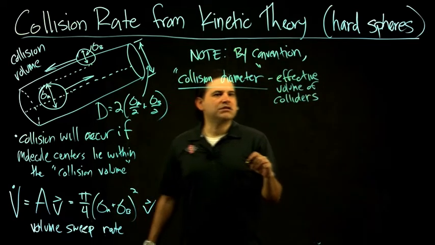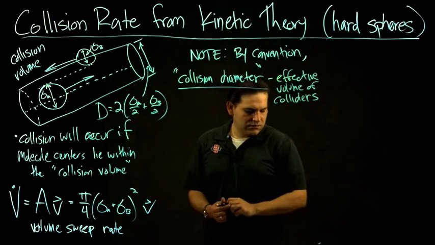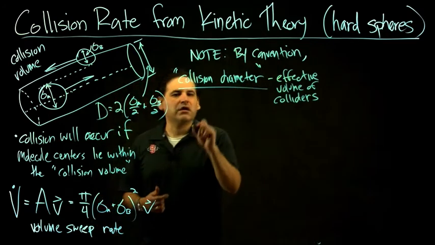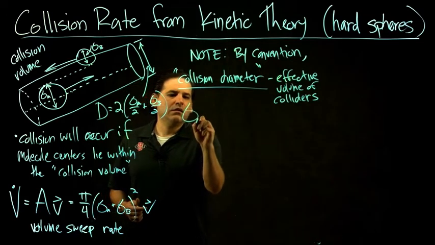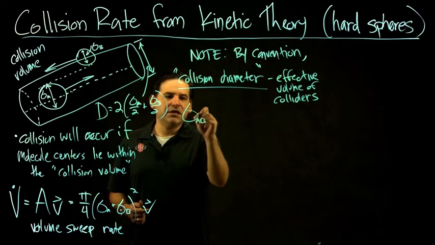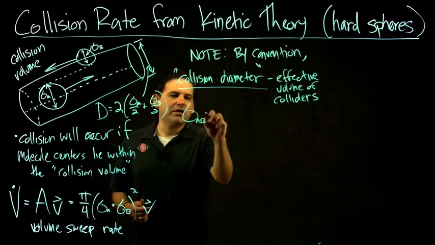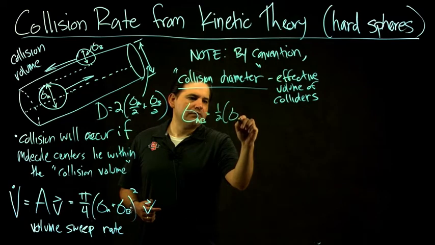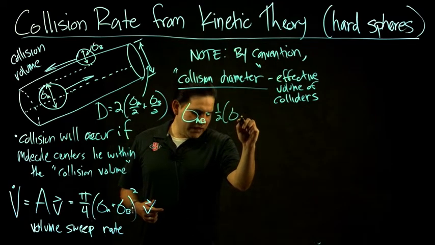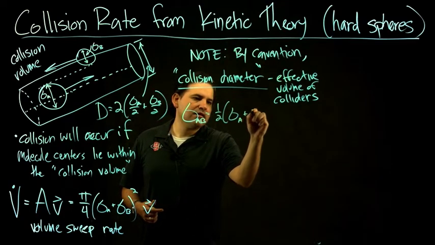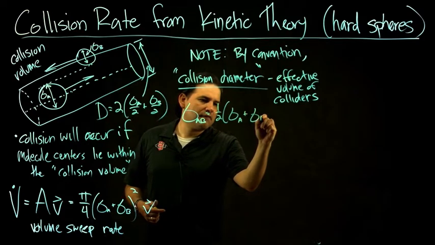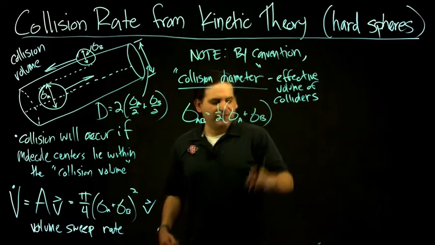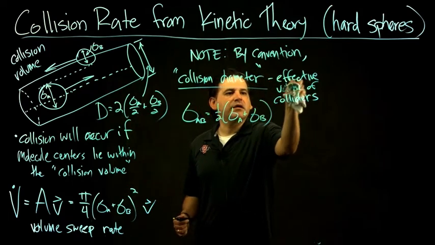The symbol I'll draw like this. Sigma AB is the collision diameter, and it's related to the radii. So that's one good way to think about it. The effective volume is the effective diameter here.